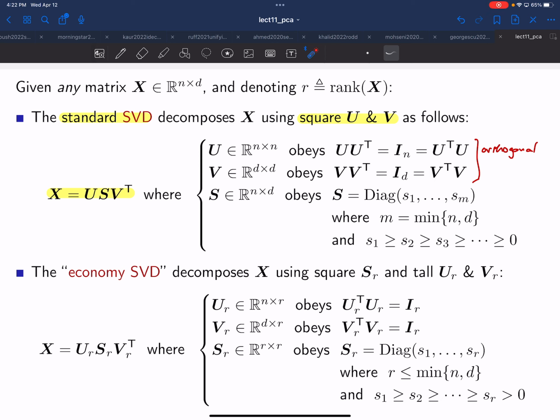Let me draw an example of maybe what this looks like. So let's say that X is tall. So you're going to have a square matrix that has the same left dimension as X.